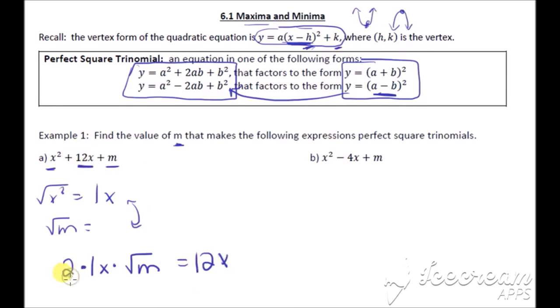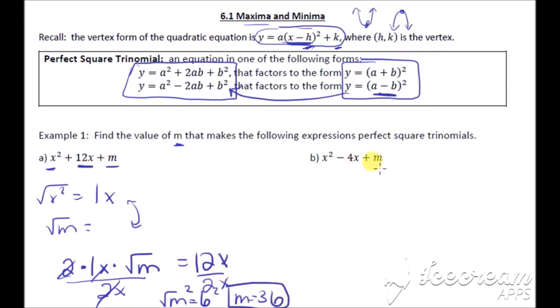If we divide by 2x, those go away. So we know root m is going to be equivalent to 6. Square both sides, m equals 36 in this case.